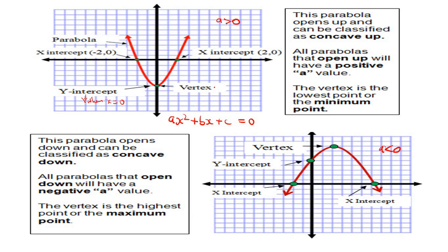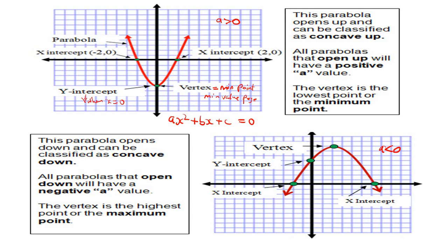The vertex, if you have the concave up, is your minimum point or your turning point. At this point, you have the minimum value for your y.